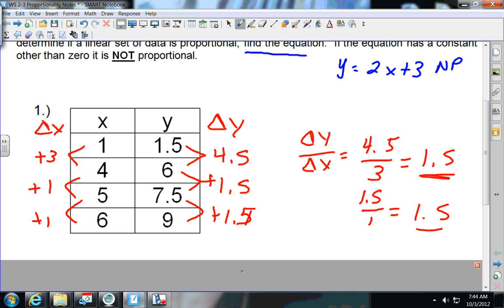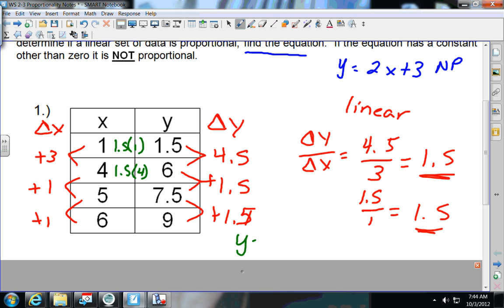Okay, these are the same. So that means my data is linear, right? It makes a straight line. Now we need to figure out if it is proportional. If I take 1.5 times 1, I get 1.5. If you take 1.5 times 4, you get 6.